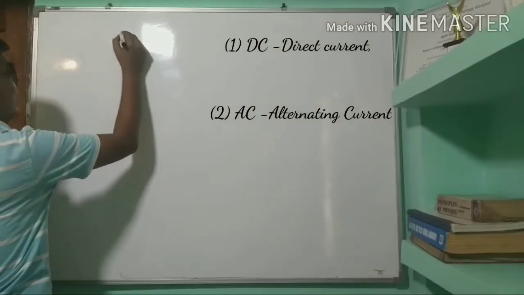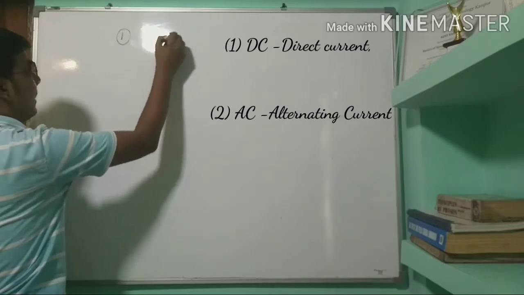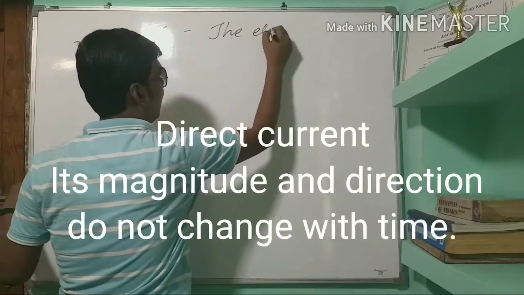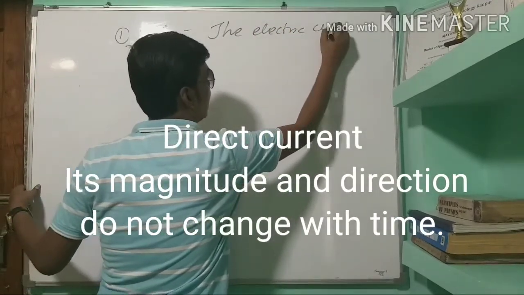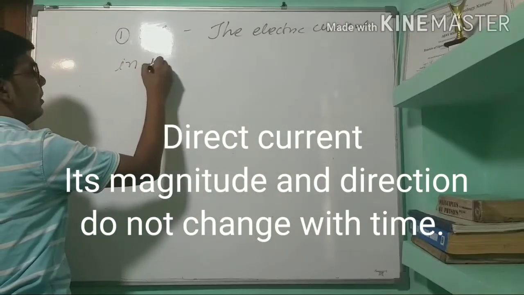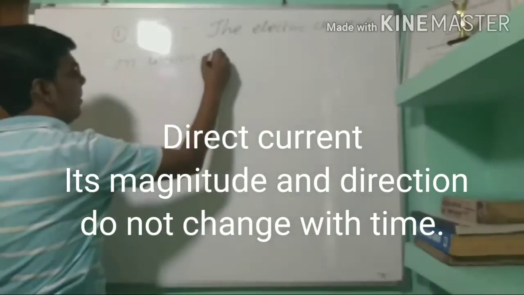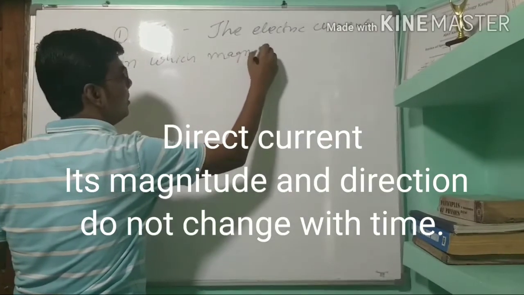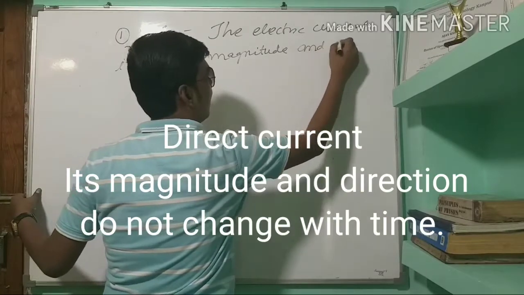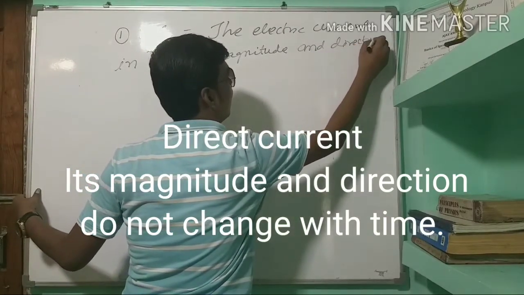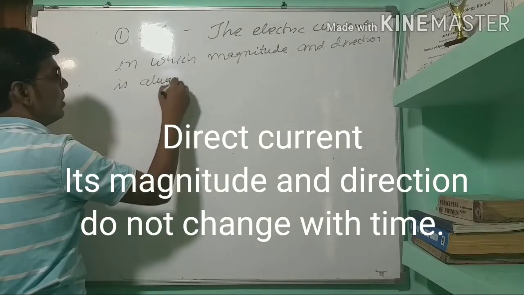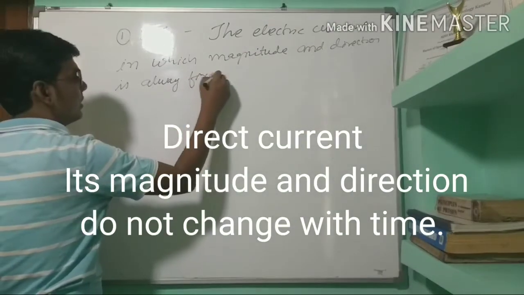One is DC, that means the electric current in which magnitude and direction is always fixed.